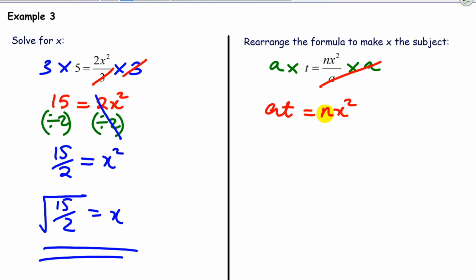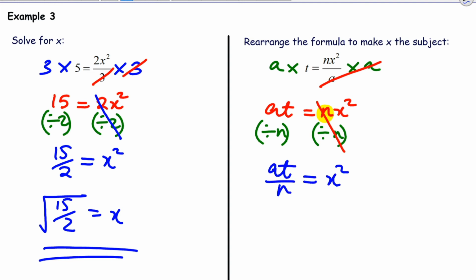The opposite of multiplying by n is dividing by n. So we divide by n on each side. And n divided by n is 1. So we are left with 80 over n is equal to x squared, which means that x will be the square root of 80 over n.